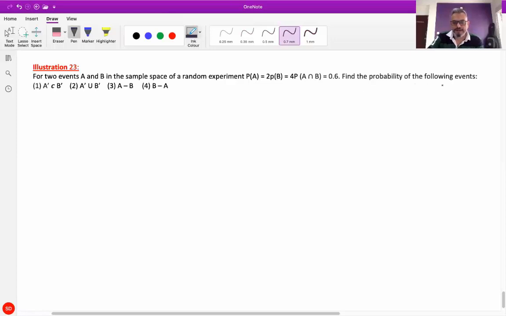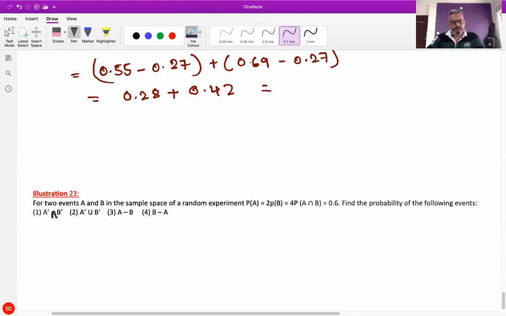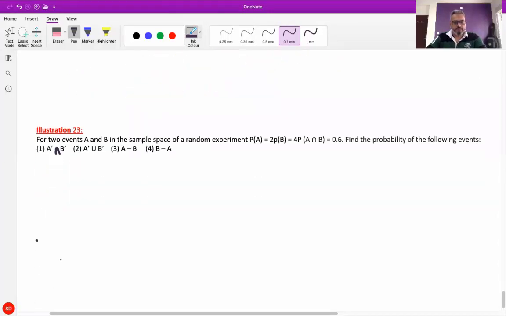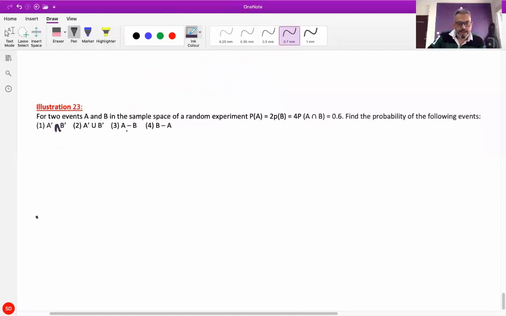Find the probability of the events A complement intersection B complement, A complement union B complement, A minus B and B minus A. So first let's write what is given.